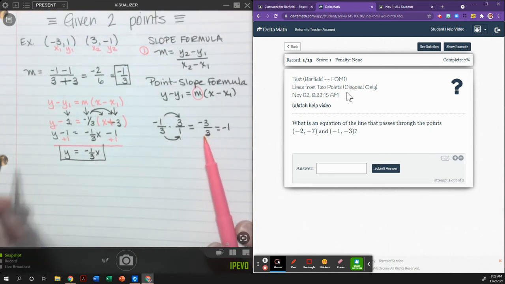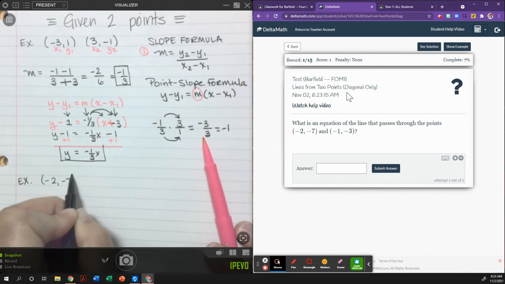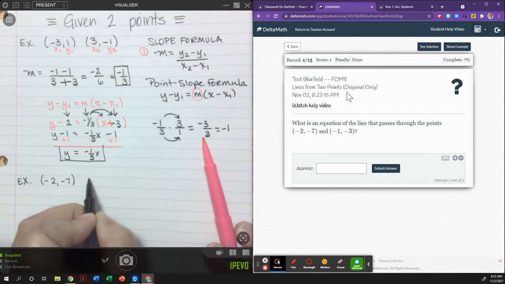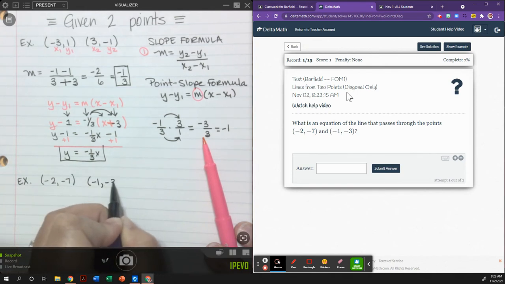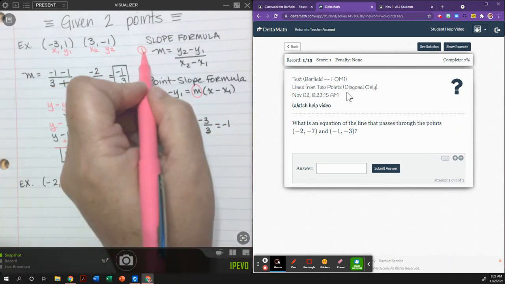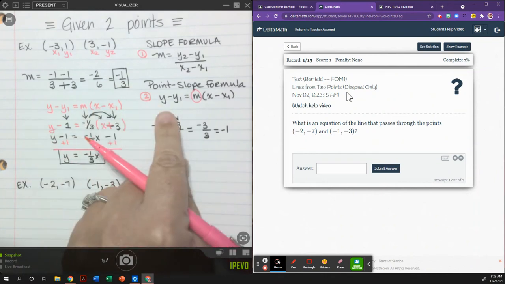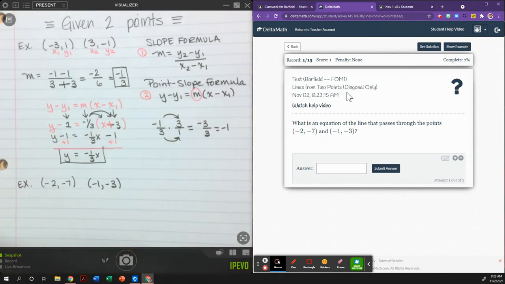All right, so let's do another one, and then I'll record another video. I'm going to do the same thing. I have the points -2, -7, and then I have the points -1, -3. So first step is my slope formula. Then my second step is the point slope formula. I'm going to label these x1, y1, x2, y2.